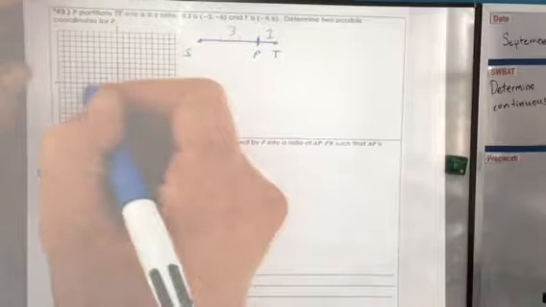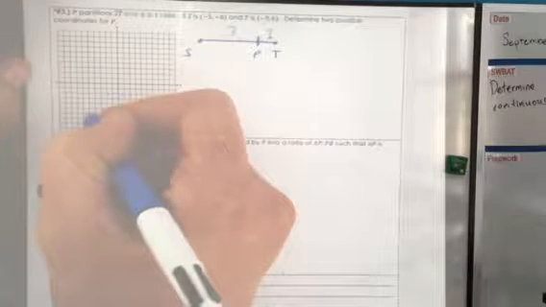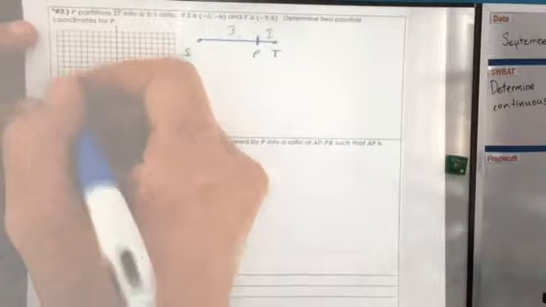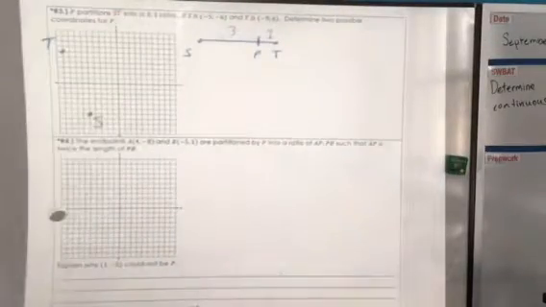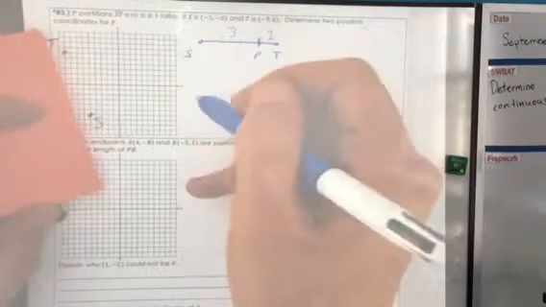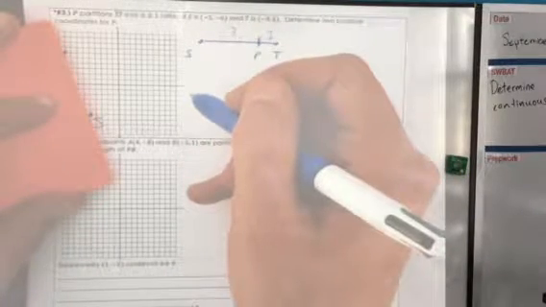Now if we look at S coordinate, -5, -6, and T coordinate, -9, +6. Now it says that, well, let's see, how can we do this?